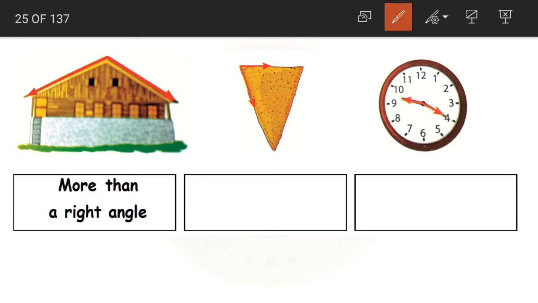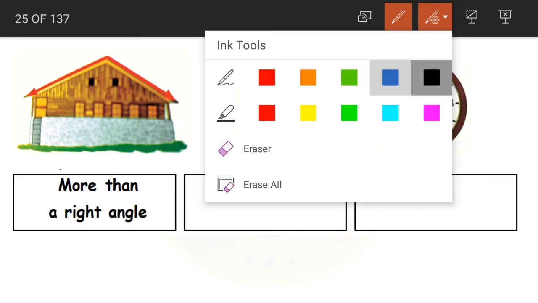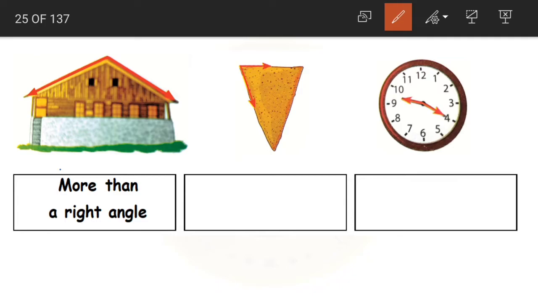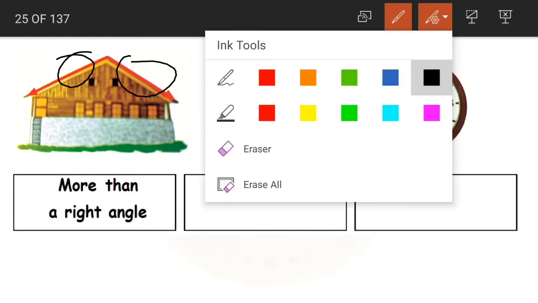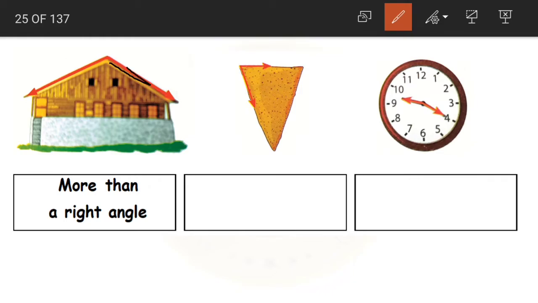Now coming to the first one, house. See again how to use this right angle tester. You have to place your right angle tester along one of the arms of the angle. You know the arm, right? These two rays will be the arms of our angle. So you should keep it like this.